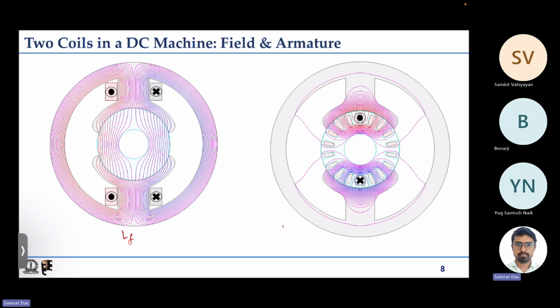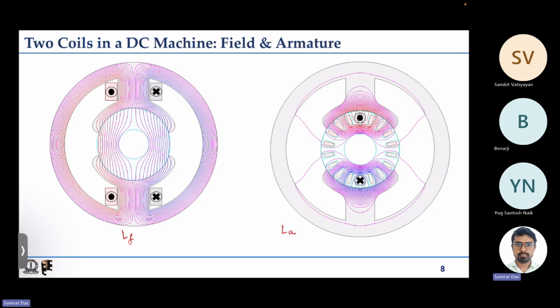And let us say we define that inductance as the armature inductance La. Now which one will be higher, which one will be lower? From the magnetic flux line distribution only we can reasonably tell that.